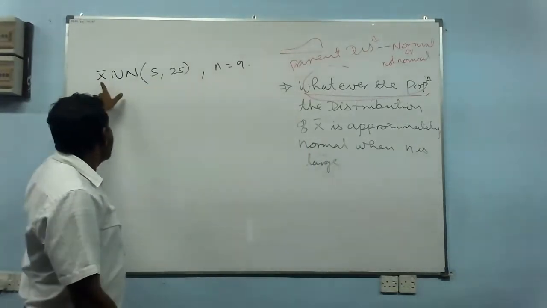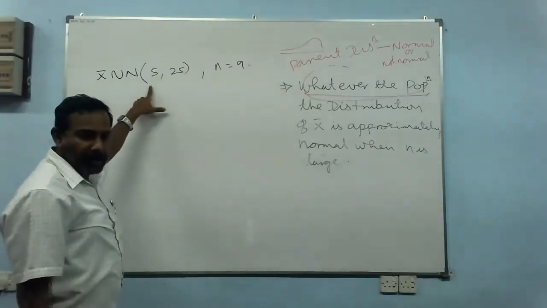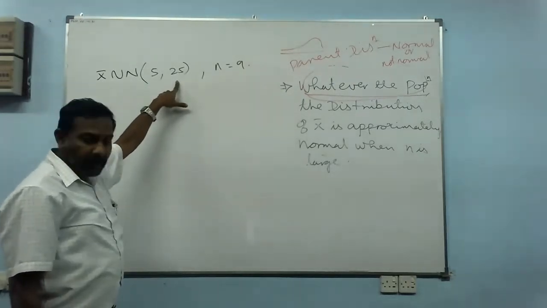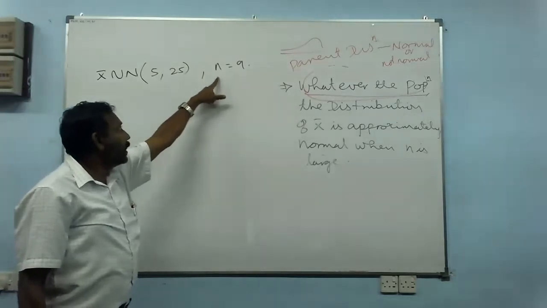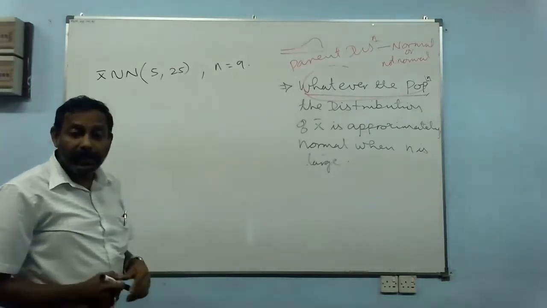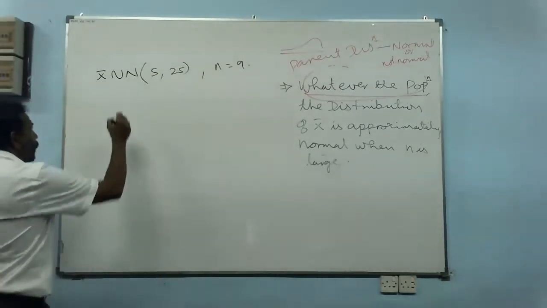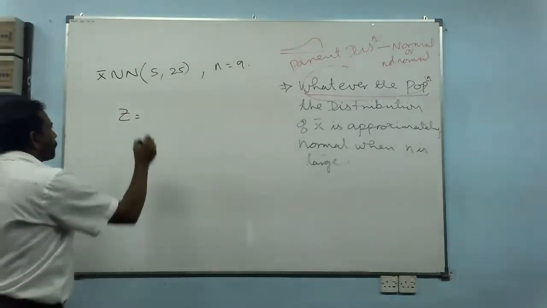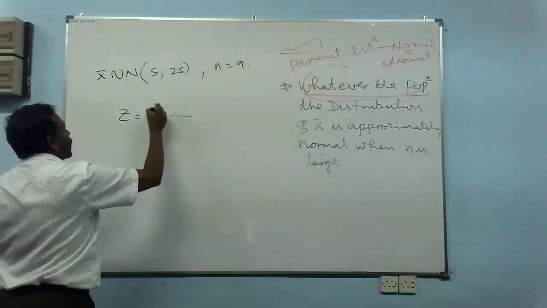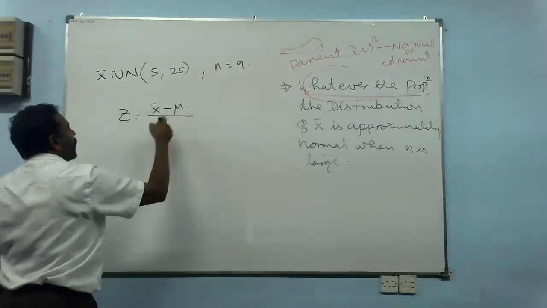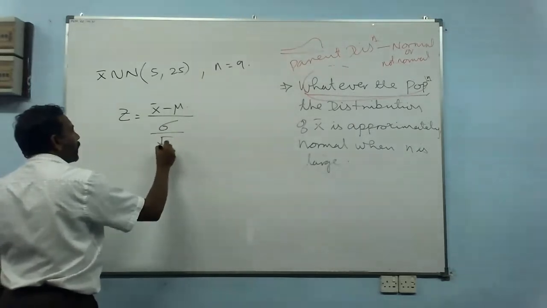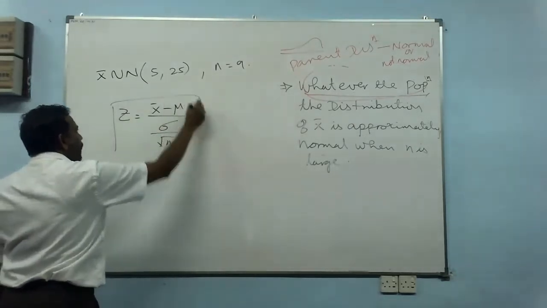So this is the statement: X bar is normally distributed with the mean of 5, sigma square 25, and the sample size is 9. If you want to convert that kind of situation into Z, it is given as x bar minus mu divided by sigma divided by square root of n. So this is the Z conversion.